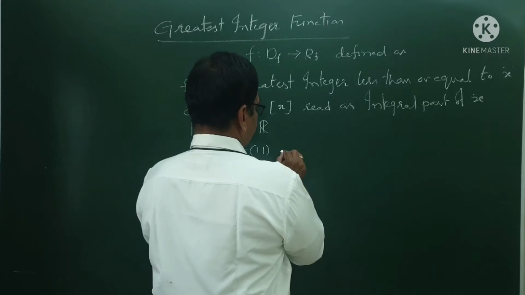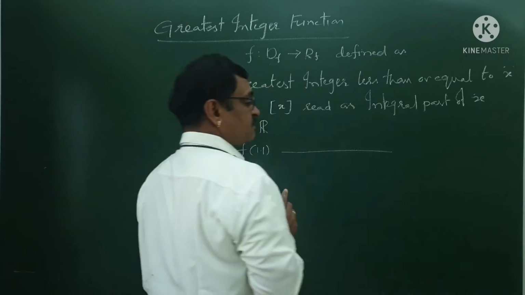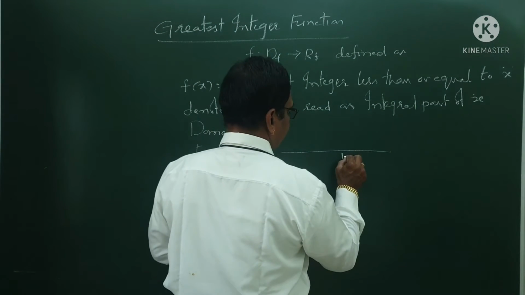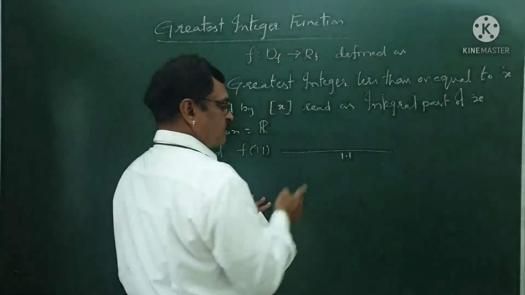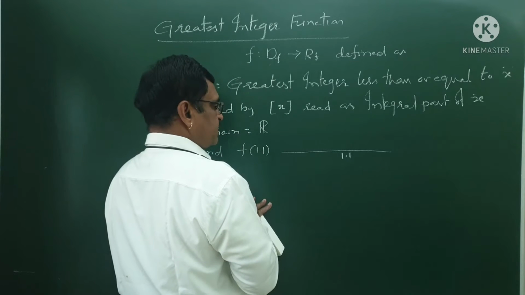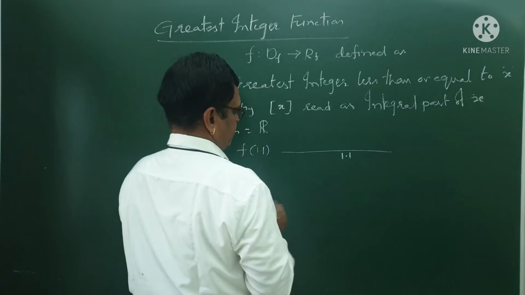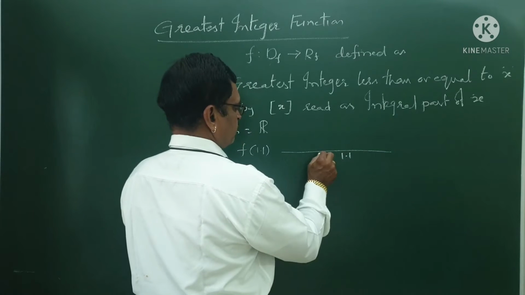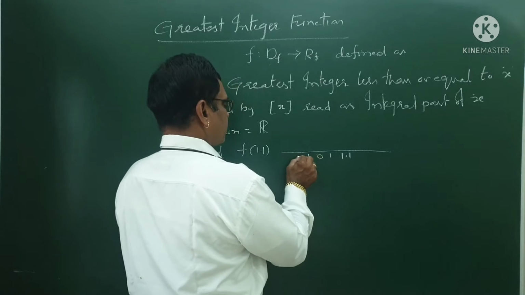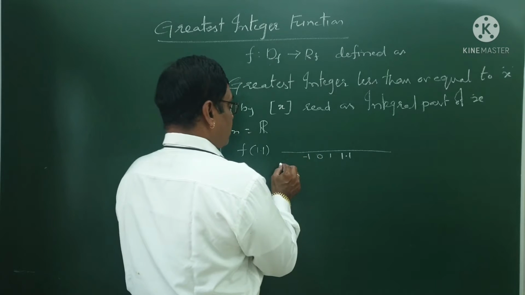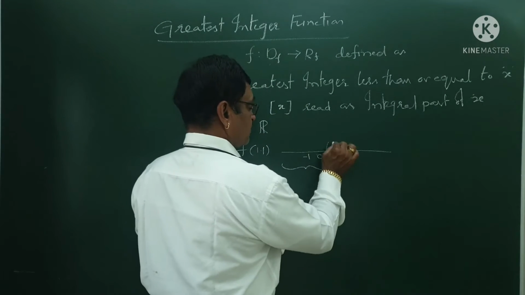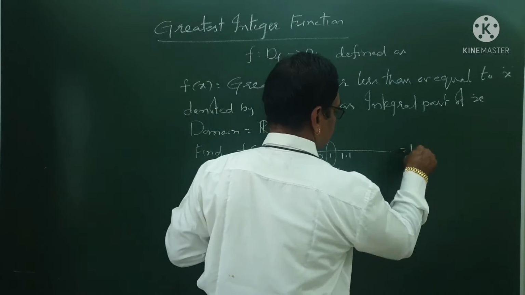Now for the beginners, this is very helpful. Locate 1.1 on the real line. Now take all the integers less than 1.1. That means 1, 0, minus 1 and so on. Now among the taken integers, which is the greatest one? 1. So the answer is 1.